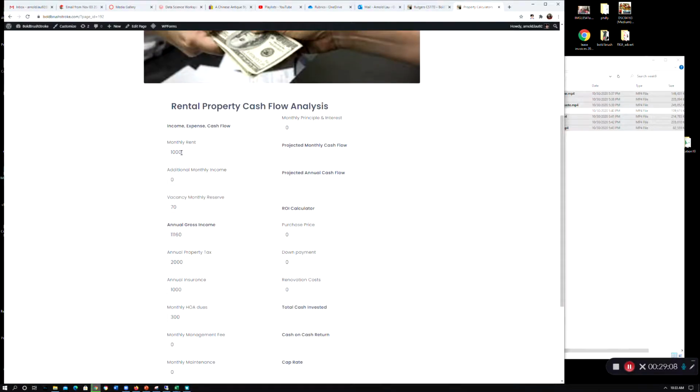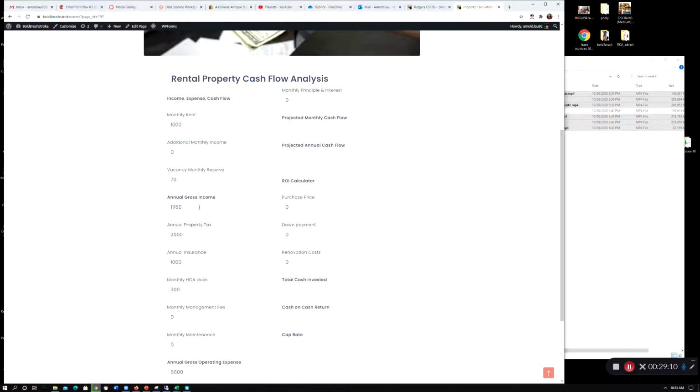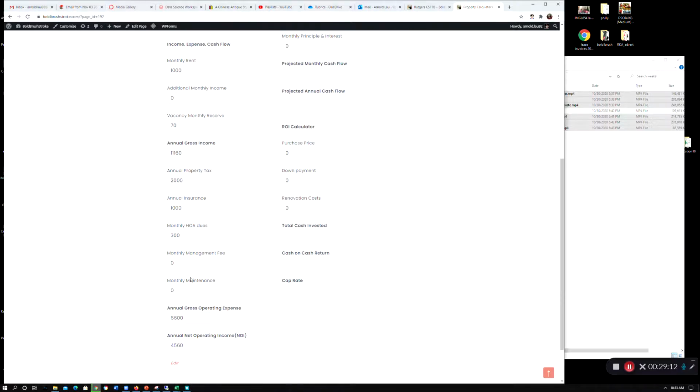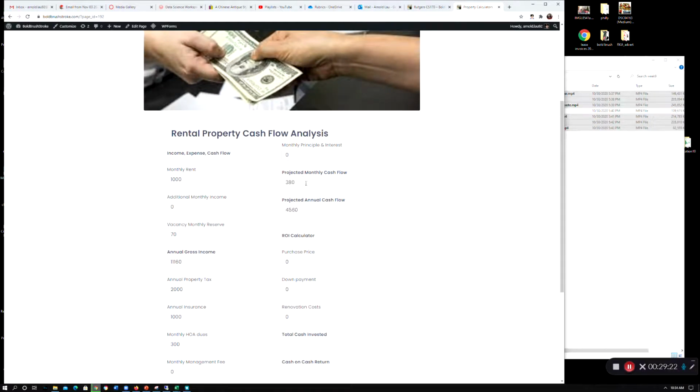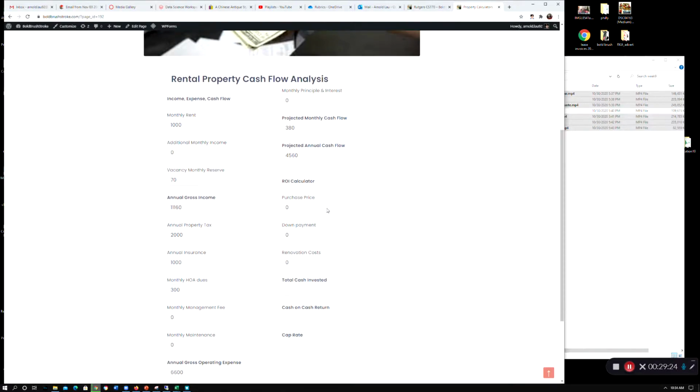So here's your income. I came up with the gross income here. Here's all of this, and here's your operating expense annualized. And then here's your net operating income for the year. Here's some financing information. And then here's your ROI calculator. I didn't put anything in here, so that's why that's a NaN.